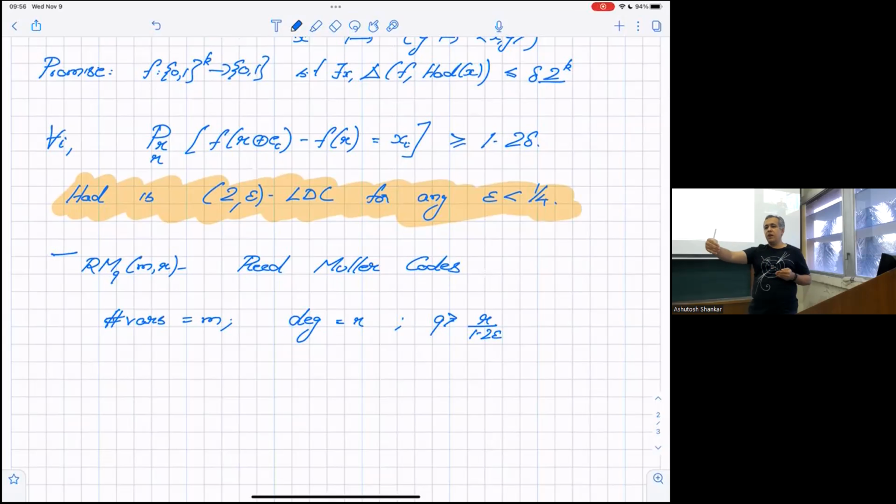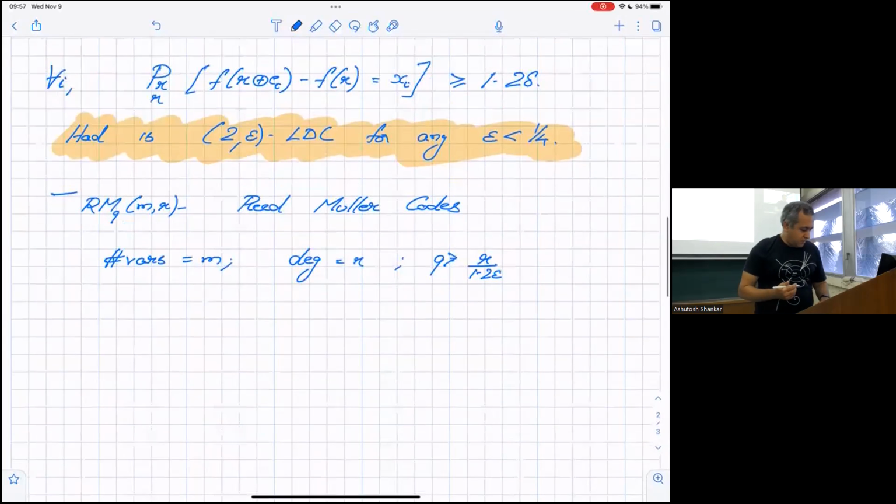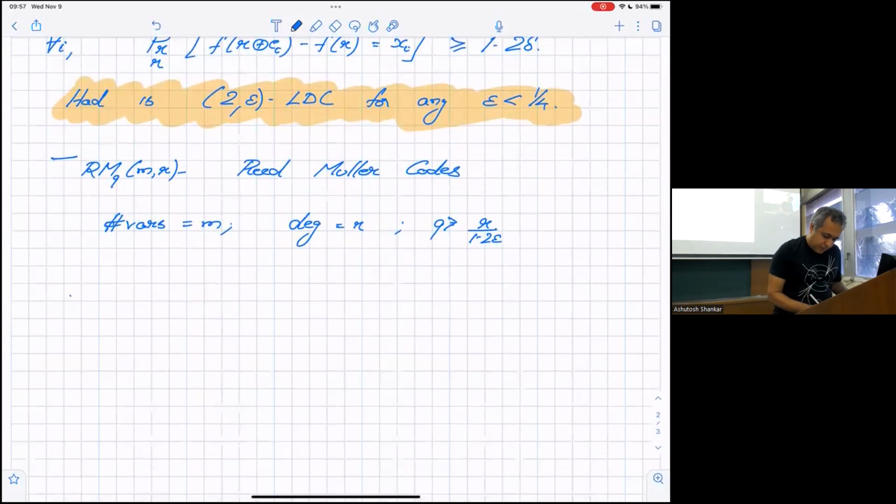So you have a univariate polynomial. The Reed-Muller code looks like this, and I want to decode over here.